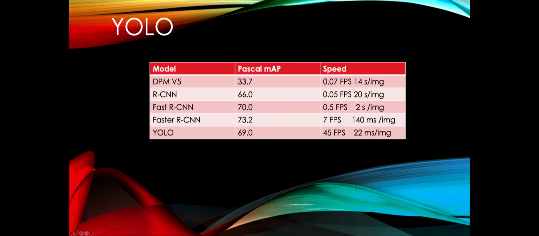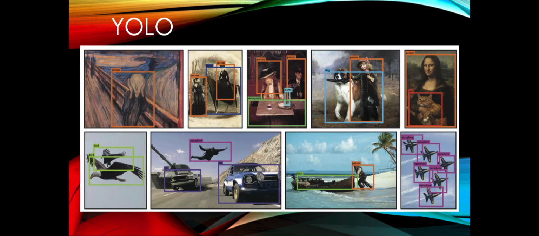It can process about 45 frames per second, and it can detect objects in an image within 22 milliseconds. This makes YOLO ideal for real-time object detection use cases without sacrificing a lot of accuracy. Its mean average precision is about 69.0, which is not too bad, and the developers are continuously working to improve the accuracy. YOLO also generalizes very well on artwork.